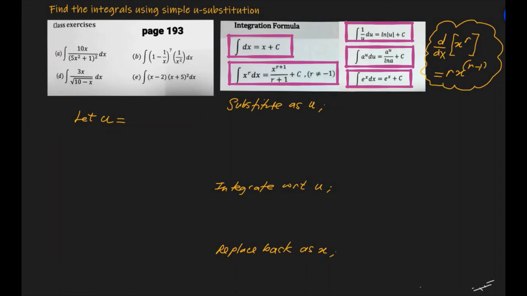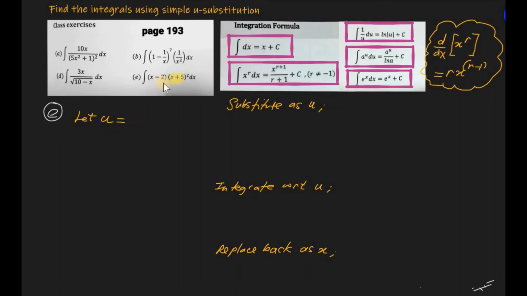Okay, question A. So what will be the appropriate u? Should it be x minus 2, or should it be u as x plus 5? Very good. We should choose something that is hard, we need to simplify it.